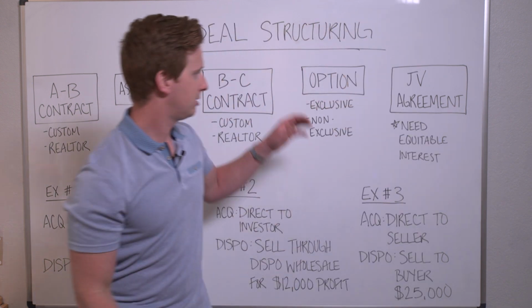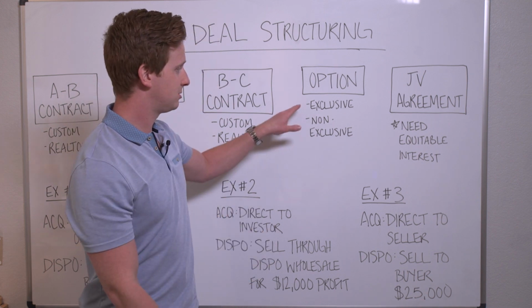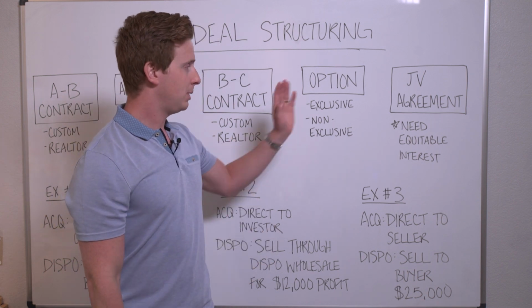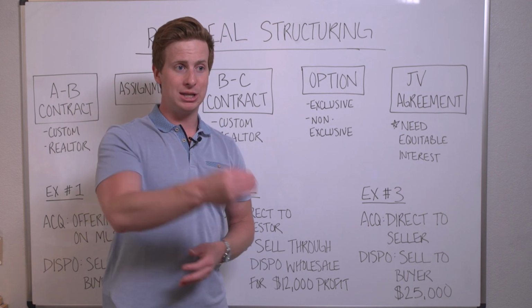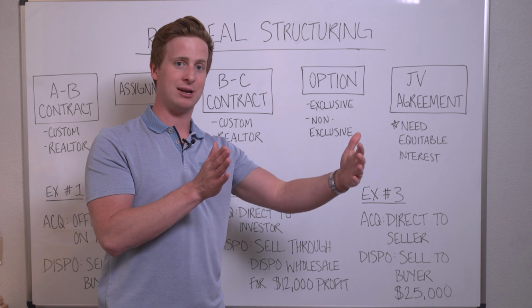Between the two. Turning around here, we've got options. You've got two main varieties of options, right? You've got an exclusive option and a non-exclusive option. Basically, an option is your ability, your option, to purchase a property for a certain period of time.